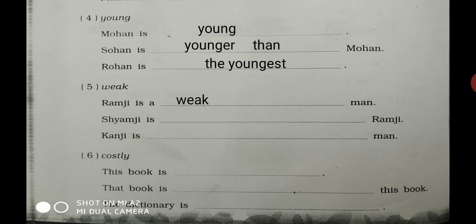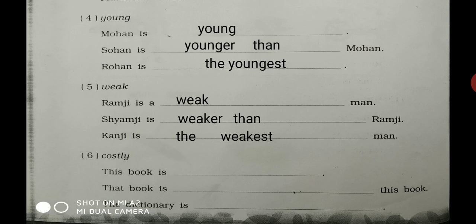After the comparative form. Weaker than Ramji. And next, Shyamji, Ramji and Kanji are compared. Then what will we do? We will write the superlative form, and the, where? Before the superlative form. What is the superlative form? Weakest. The weakest. Okay.